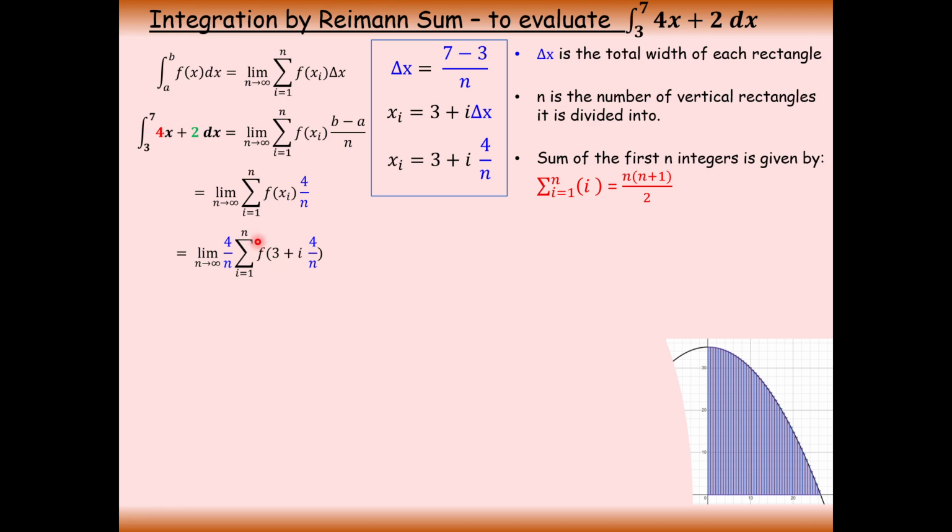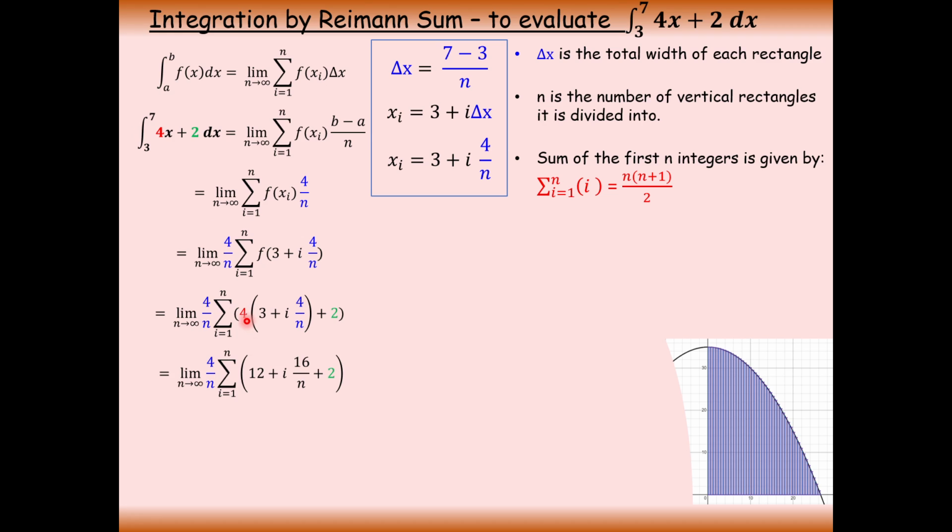We're going to replace the x values inside the f. Now the function itself is 4x plus 2, a simple linear function. So what we'll have is this line here, and I've color coded where the 2 and the 4 are coming from.